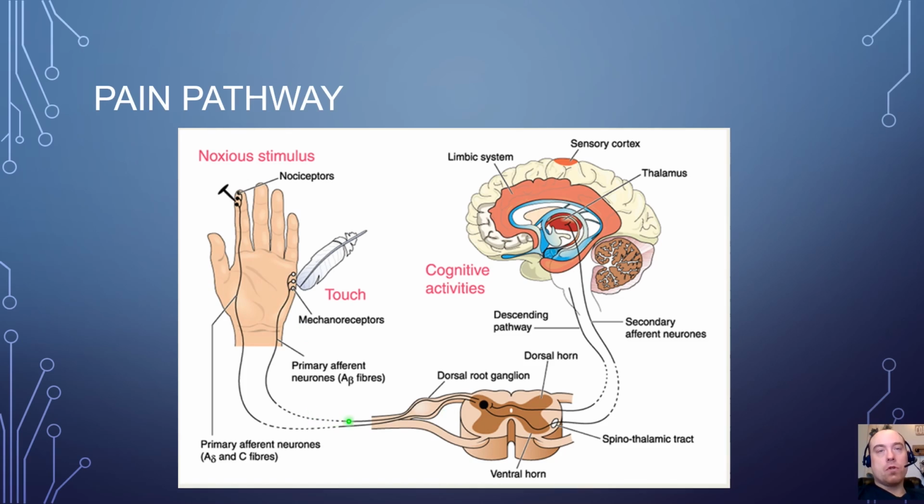But basically those travel into the spinal cord, and that would be the dorsal region, the dorsal root ganglion. So your dorsal, which is on the very rear or posterior of the spinal cord, is where you're sensing stimuli such as pain, things like that.